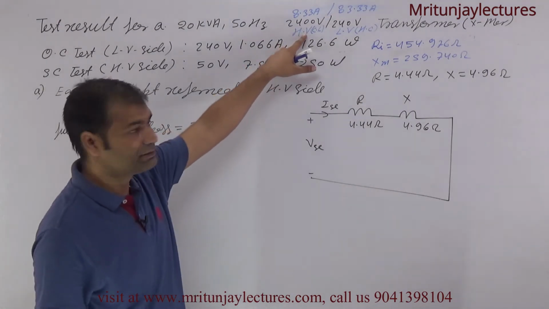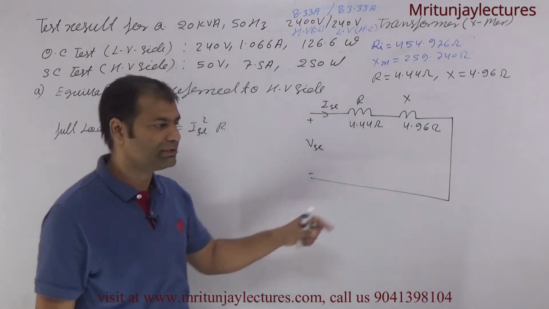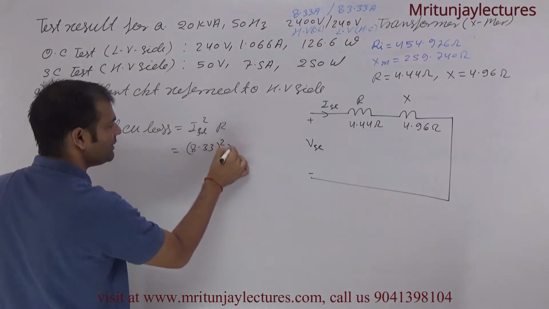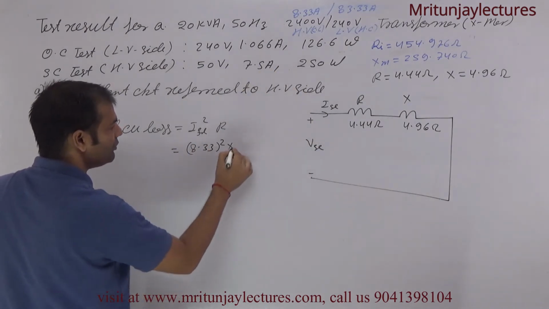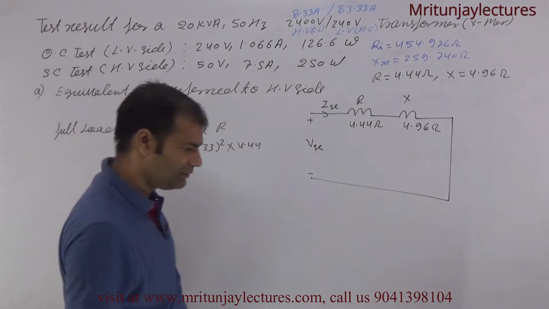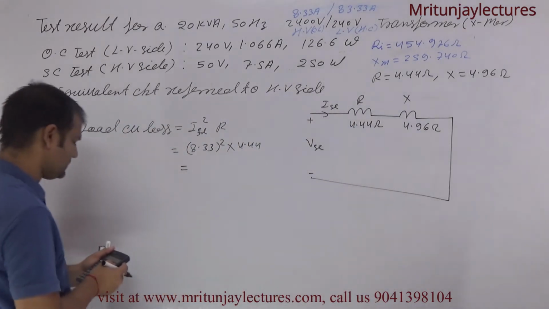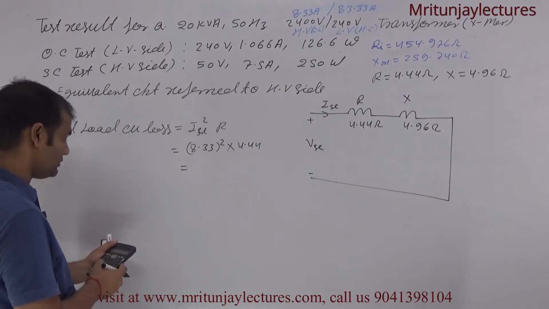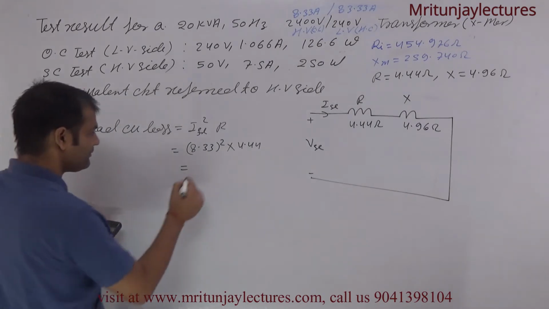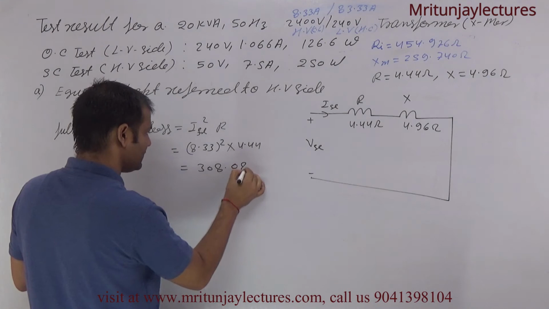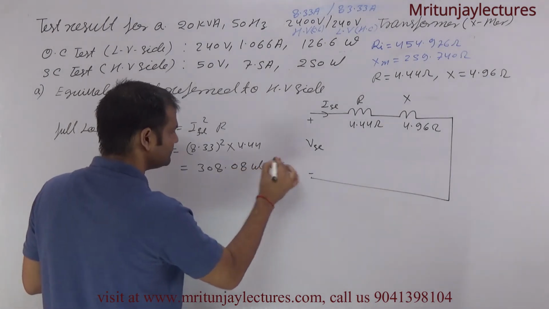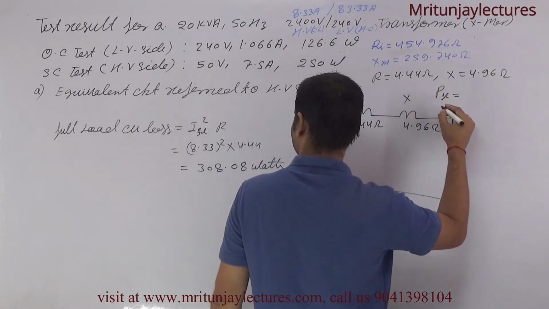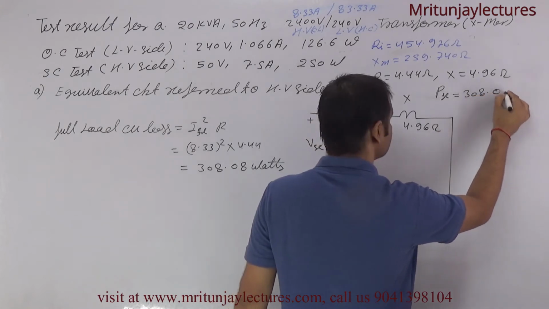This current is on the high voltage side and this parameter is on the high voltage side. That's why we take the rated current 8.33 whole square into R, where R is 4.44. Finally, we got the full load copper loss: 8.33 whole square into 4.44, that is 308.08 watt.